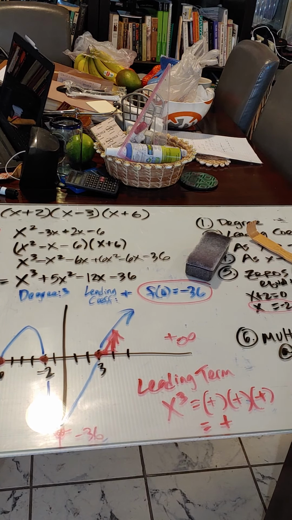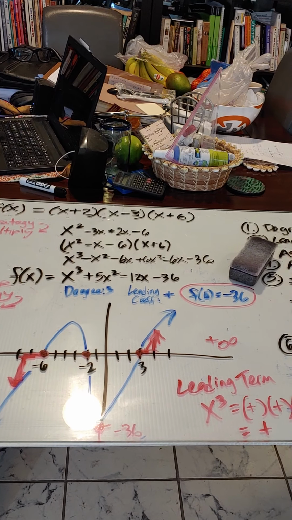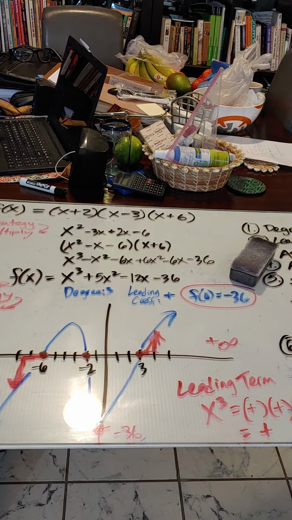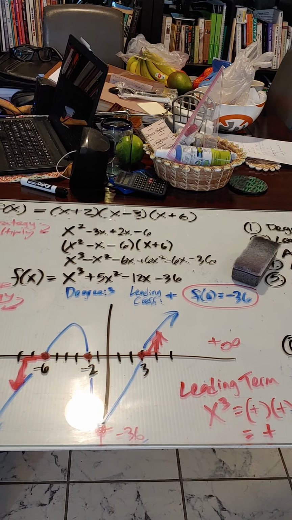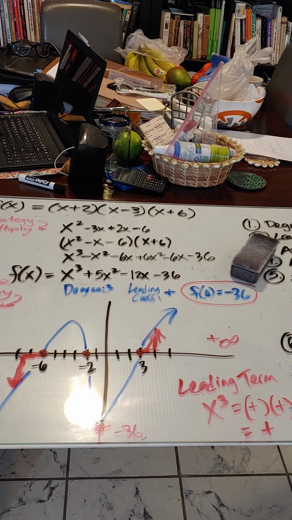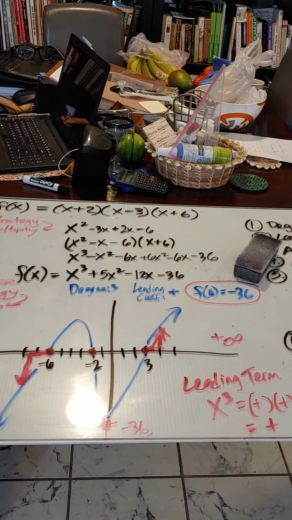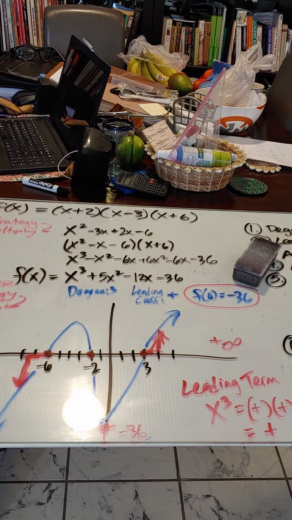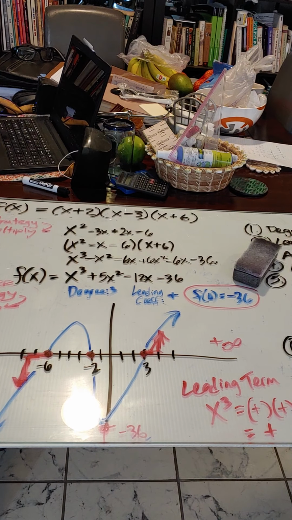X plus 2 is a factor, x minus 3 is a factor, x plus 6 is a factor, and they are all distinct. We have this function intersecting the x-axis on the coordinate plane in 3 distinct places. And so the multiplicity of the zero at 3 is 1. Okay.